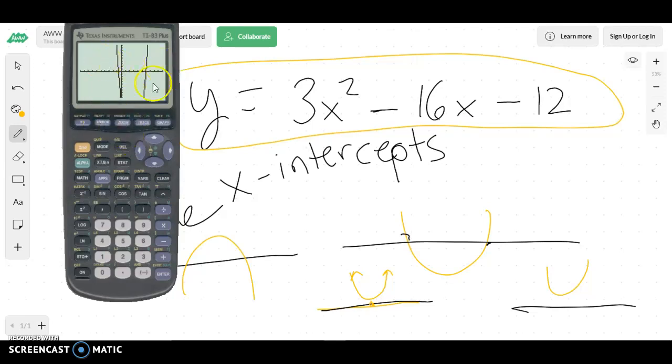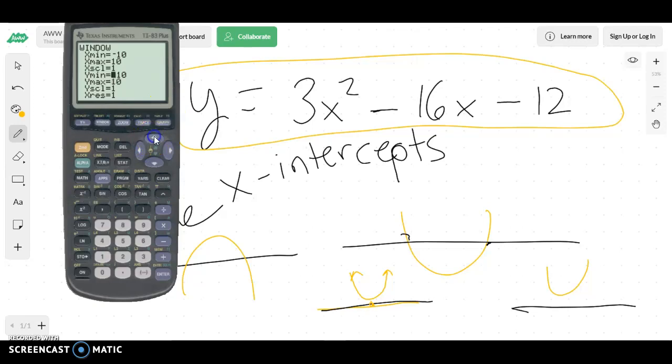And you're going to see my parabola. It's not the best. If you want to see the full view of it, if you click on this window button, you can increase this window size and include more points.